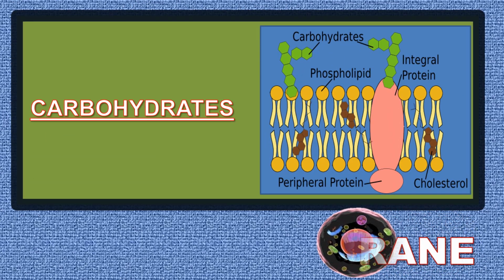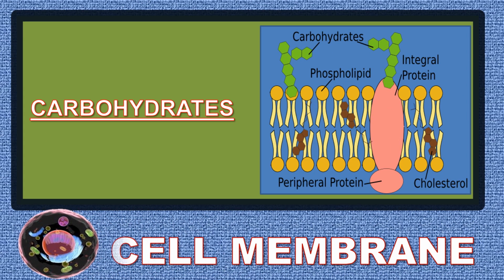Carbohydrates are the third major component of plasma membranes. They are always found on the exterior surface of the cells and are bound either to proteins, forming glycoproteins, or to lipids, forming glycolipids.